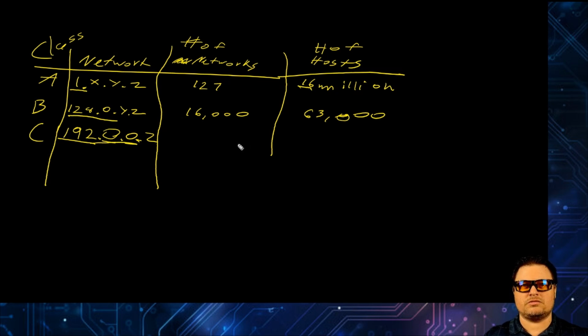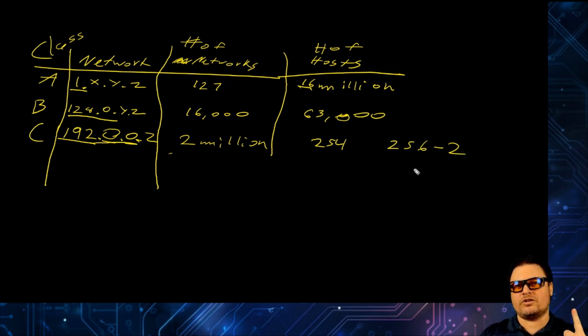Okay, whatever. And then class C, you could have 2 million networks and 254 hosts.